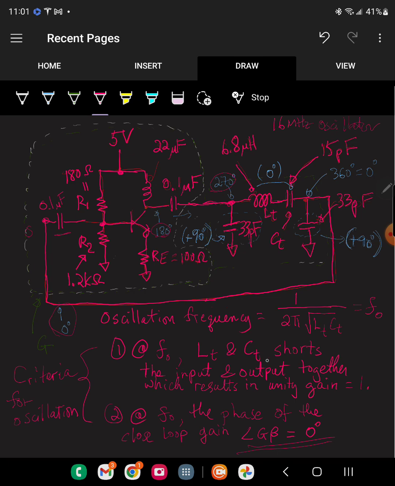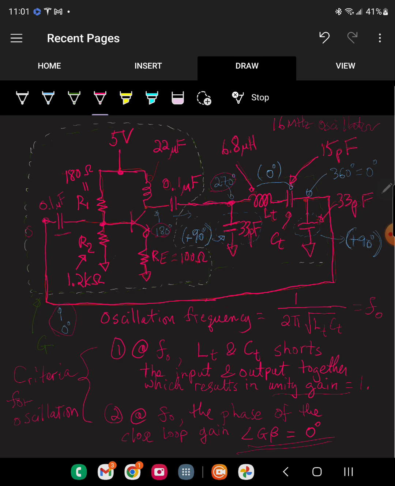So now we have both unity gain by shorting. You must have a tank circuit, an LC circuit here, or else this thing will not oscillate. There's a lot of mistakes on the internet where they don't populate this capacitor, the CT. They just have this inductor, right? That will not work. I will tell you right now, you have to short the input to the output, or else you will not get a unity gain and this circuit will never oscillate.